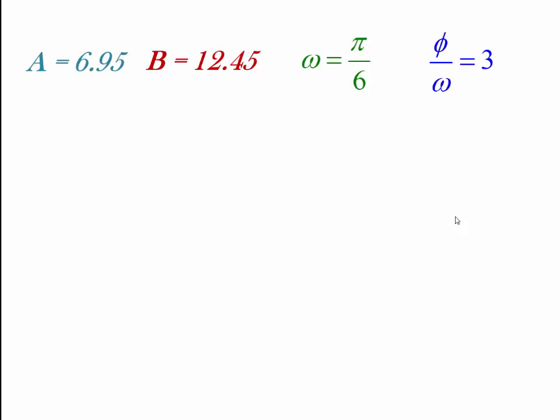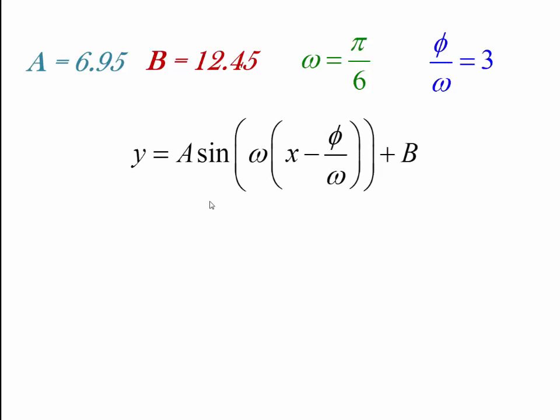By taking these values we've found for A, B, omega, and phi over omega, we can create our equation. We know that this is our standard form of the equation, y equals A times sine, we're assuming sine with a positive coefficient, omega parentheses x minus phi over omega. And this x could be theta just as easily. It's really interchangeable.